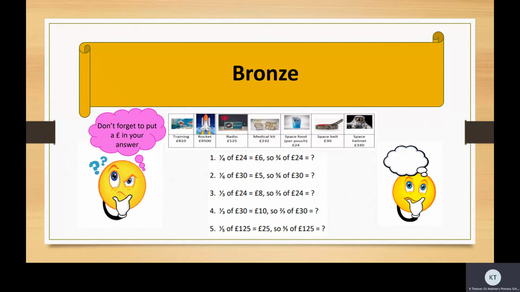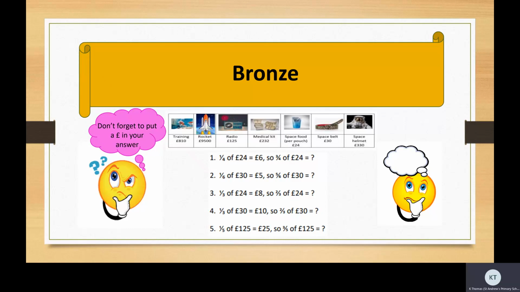I had to know 24 was my total amount. I knew that 1/4 would mean I would have to divide £24 into 4 equal pieces so that I could work out how much one of those pieces is worth. So 1/4 of 24 is £6.